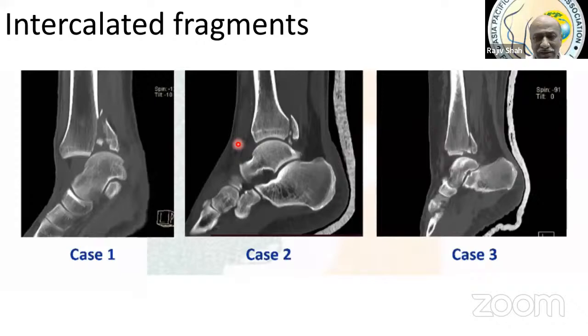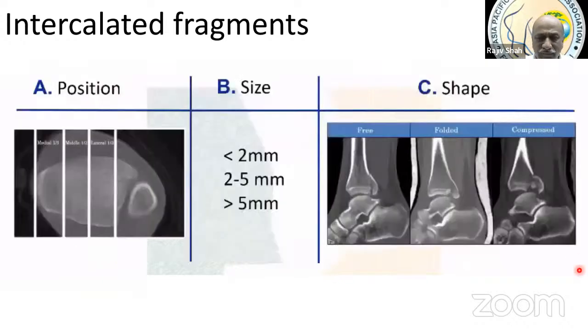Then in the same paper they've described varieties of intercalated fragment. There are three varieties: this is case 1, this is case 2, this is case 3, and look at the difference they have. There were three types of intercalated fragment described in this classification by Mason. A is the position, where this fragment is lying: is it near the incisura, or posterolateral or posteromedial?